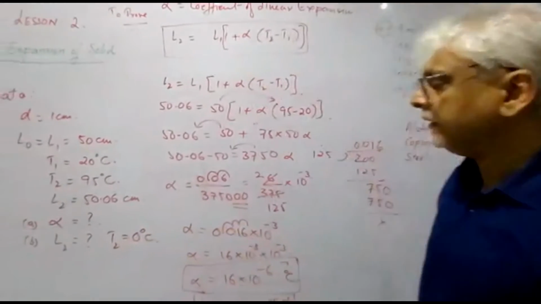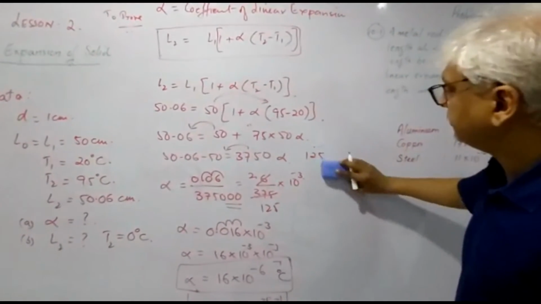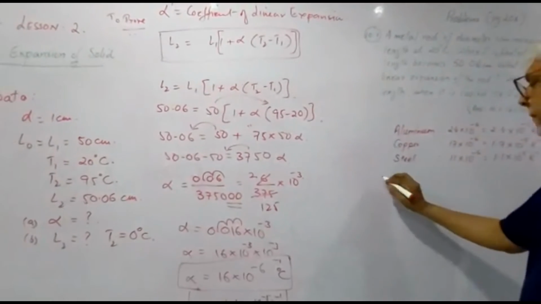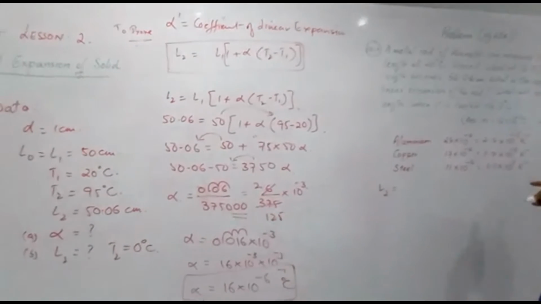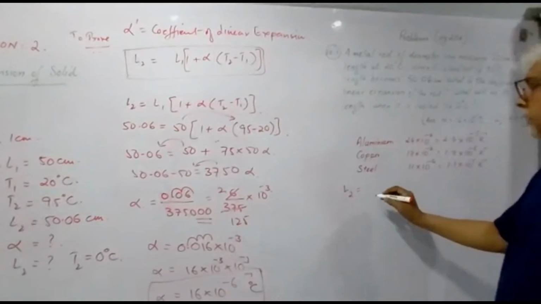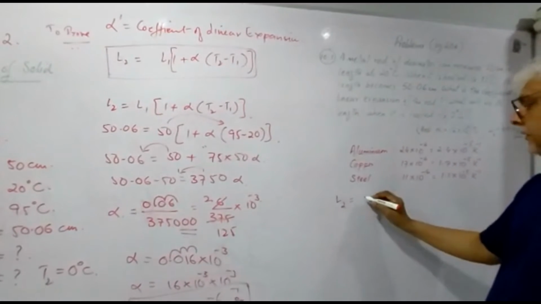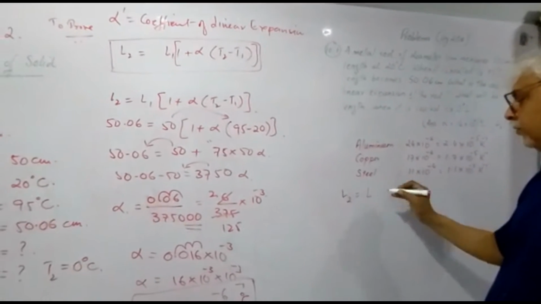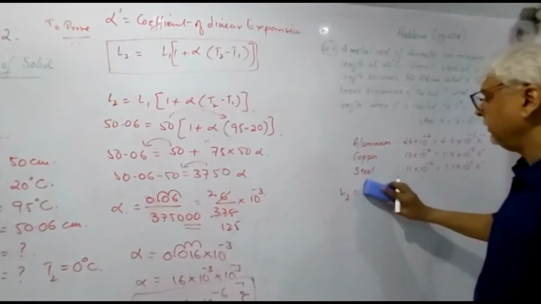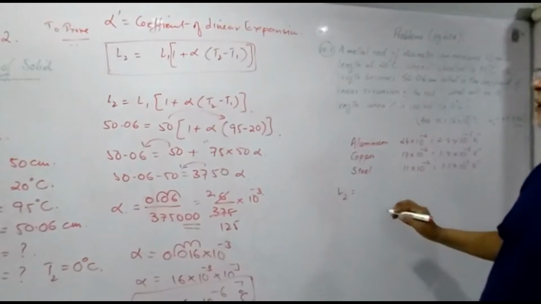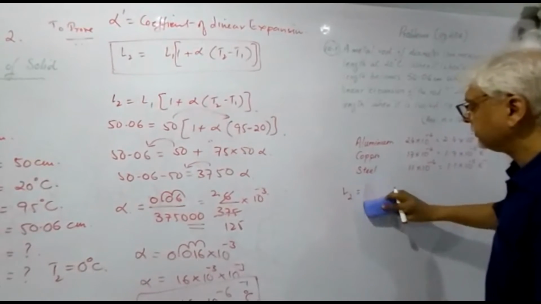You have to find the final length L2, when it is cooled to 0 degrees centigrade. So we now know the coefficient of linear expansion of this rod. The original length we already know is 50. Let me just put the formula first.